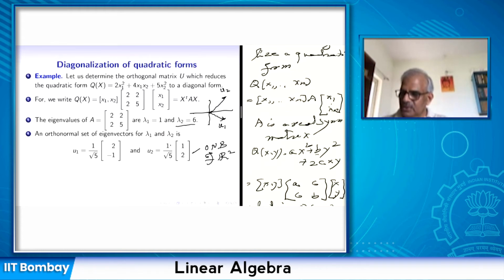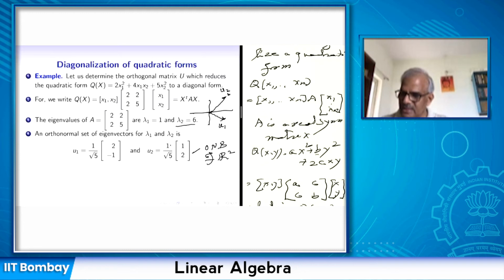So at the end, you will see that if I look at the coordinate system whose unit vectors are U1, U2, that means I have rotated the old XY coordinate plane by an angle theta, and I get the coordinate system where the x-axis is replaced by the U1 axis, and the y-axis replaced by the U2 axis.